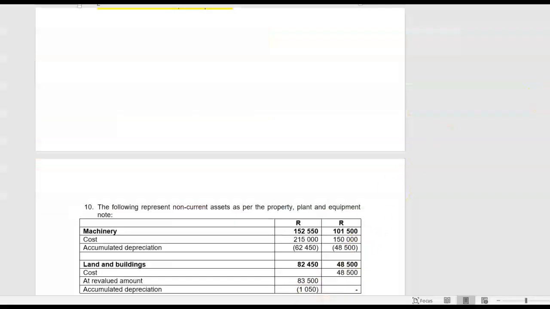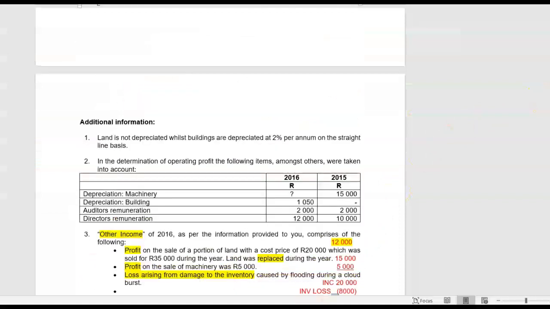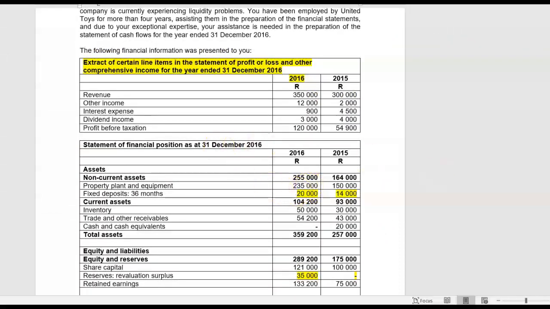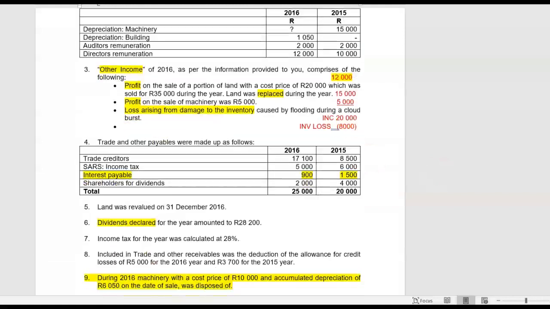They gave me my depreciation on machinery for the year somewhere. I think here. Depreciation. Oh, they didn't. There's a question mark. Okay. Profit on the sale of machinery was 5,000 rand.